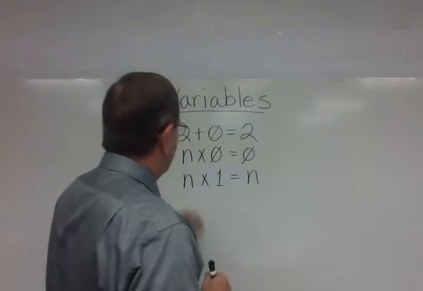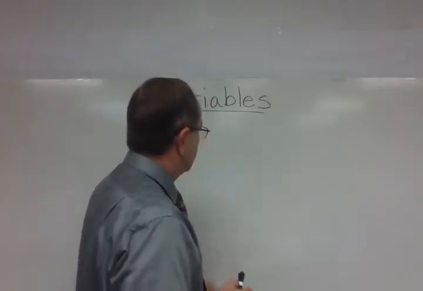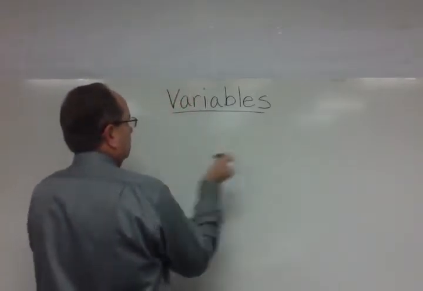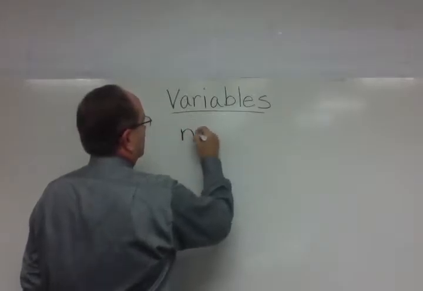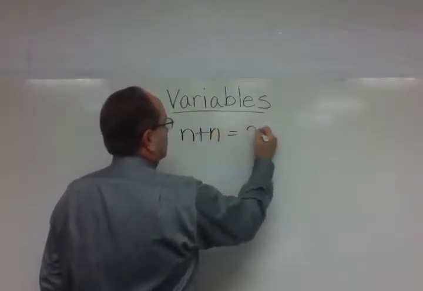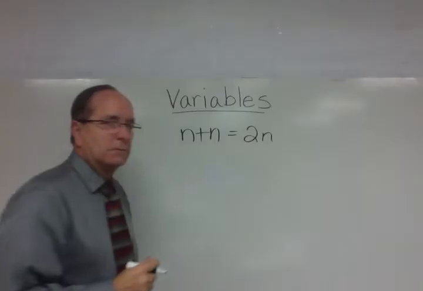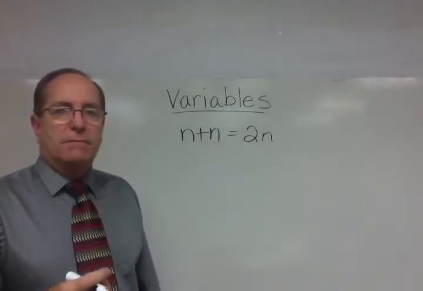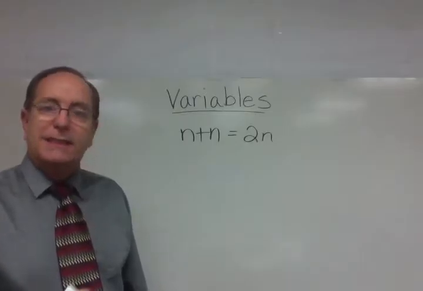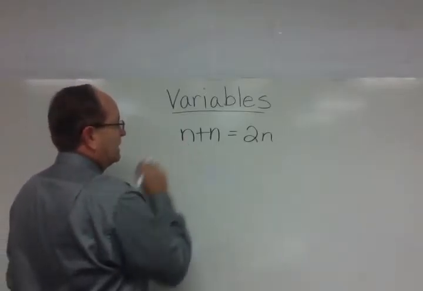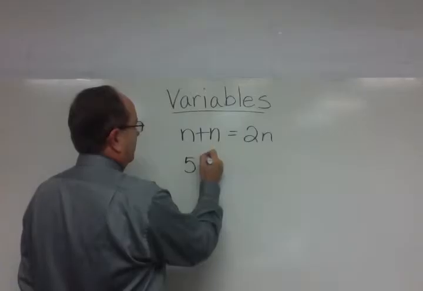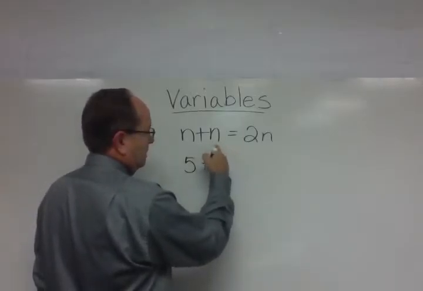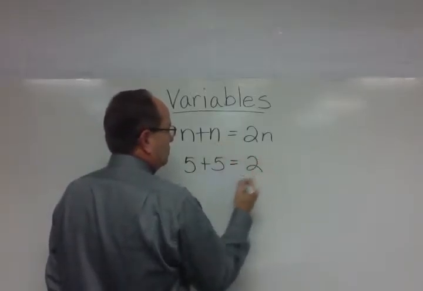And so if I have a general pattern that says n plus n equals 2n, is that a good general pattern? So any number, if I want to make a special case, let's take 5. So if I say n equals 5, 5 plus 5, because n is 5, equals 2.